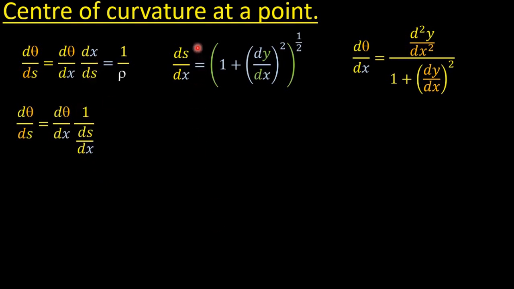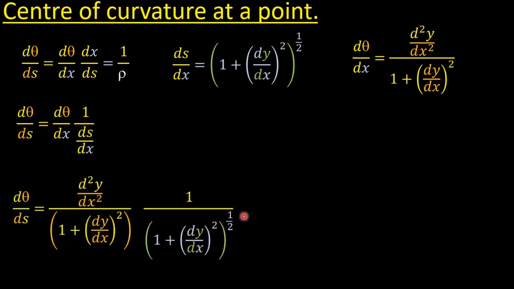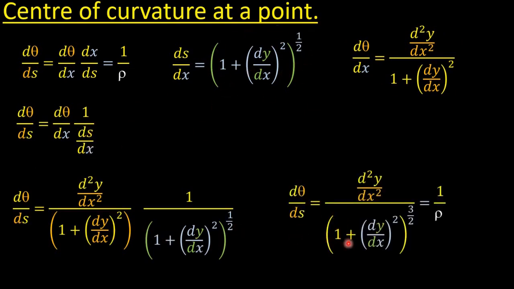If I substitute this into here, and this term into there, I'm going to end up with this. dθ/dx was this lot here, and ds/dx was this over here. So I'll just multiply these two to get 1 plus dy/dx squared raised to the power of 3 halves. And on top, that's just being multiplied by 1 to get that. And remember that is equal to 1 over rho. So dθ/ds was 1 over rho.